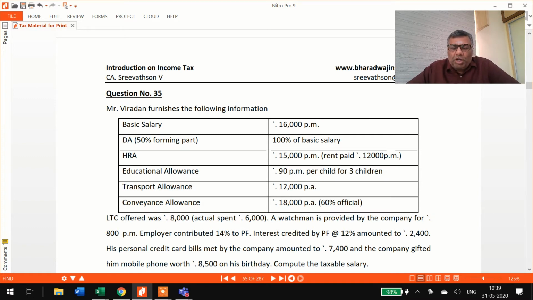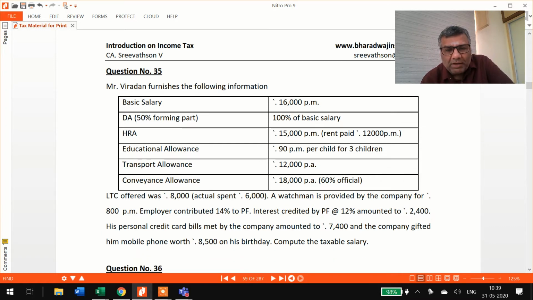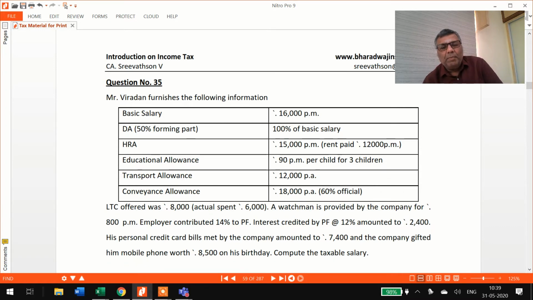Employer contributed 14% to PF. Interest credited by PF at the rate of 12% amounted to 2,400. His personal credit card bills met by the company 7,400. Company gifted him a mobile phone of 8,500 on his birthday. Compute the taxable salary. Patiently read through.